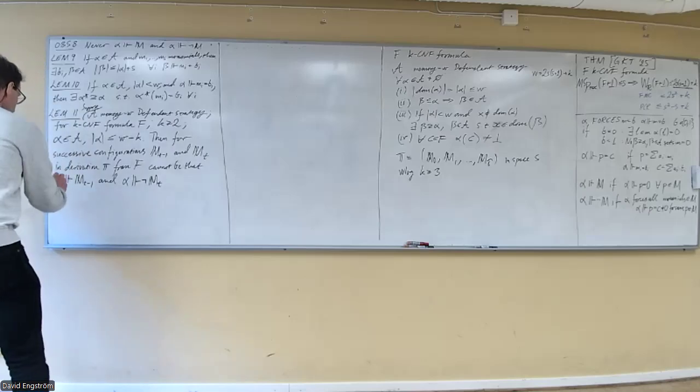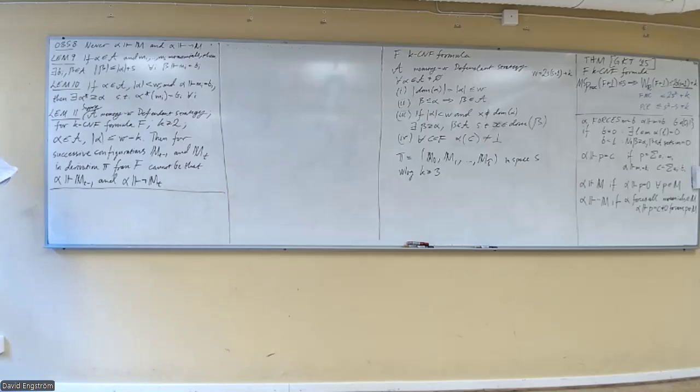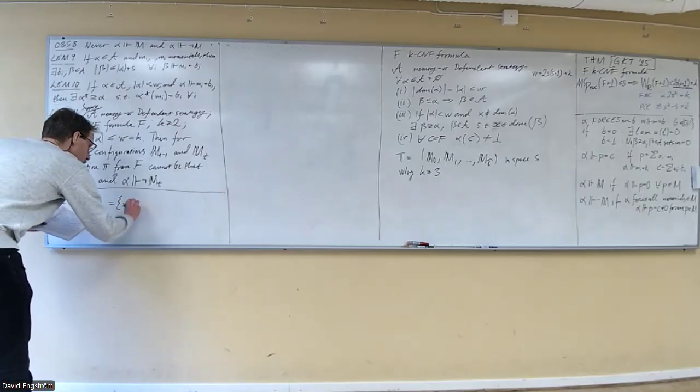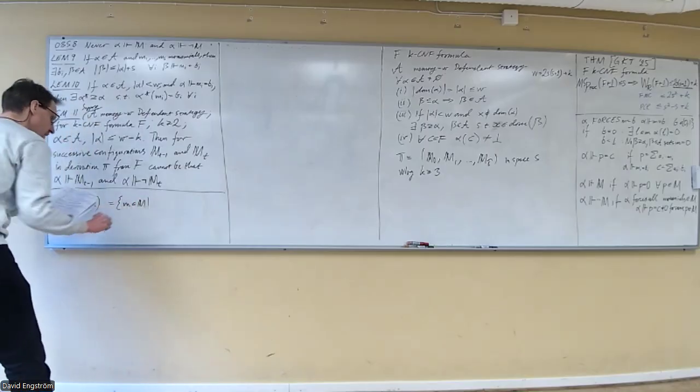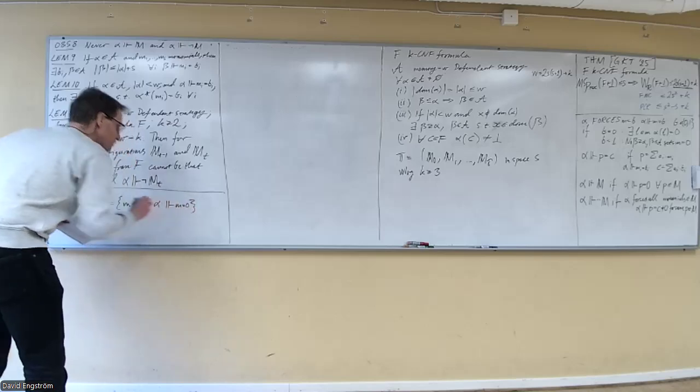So now, if I have a configuration M, and I have an assignment alpha that is in my family, then let me denote by the zeros of M under alpha the monomials in M such that alpha forces these monomials to 0.